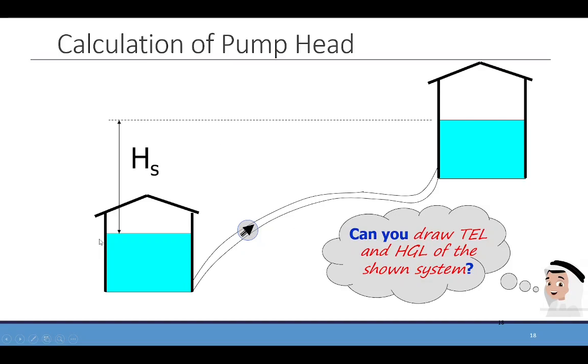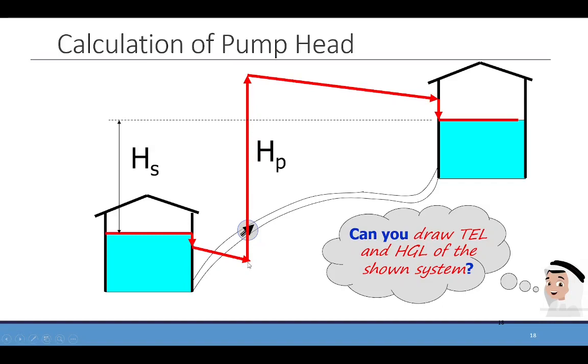If we imagine that we would like to draw the total energy and the hydraulic gradient line of this system, the total energy will be something like this. As you see here at the pump location, the lower total energy is just at the suction of the pump, and the higher total energy takes place at the delivery of the pump.